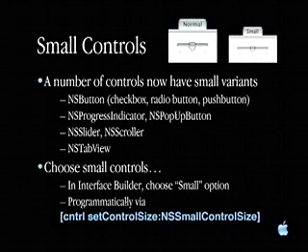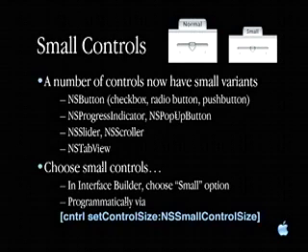We now have small controls. A number of controls that you're used to seeing in Cocoa come in both flavors, buttons and checkboxes. Larger things, even like the tab view, like the example above, have normal and small variants. To choose small controls, typically you're going to do it when you lay out your UI. So in Interface Builder, you're going to check one box that says use small control.